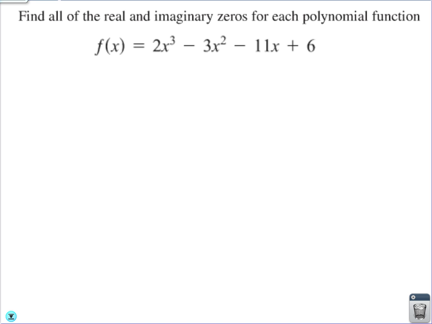On this one, find all the real and imaginary zeros for each polynomial function. So step one, I need to know it's x to the third. I can't factor just x to the third like I do quadratics. So I need to know what's something that might work. The way that we find that is by finding all our possible rational roots.